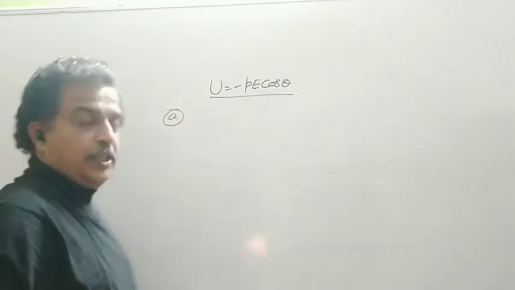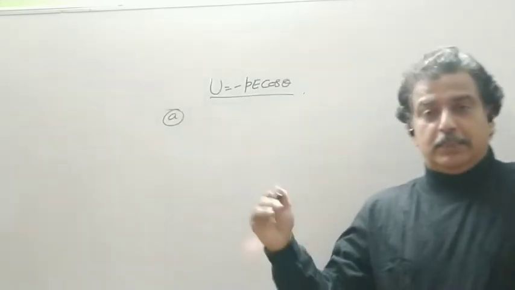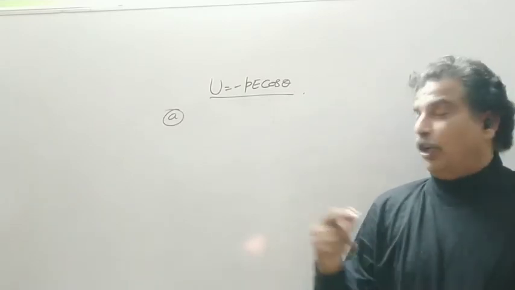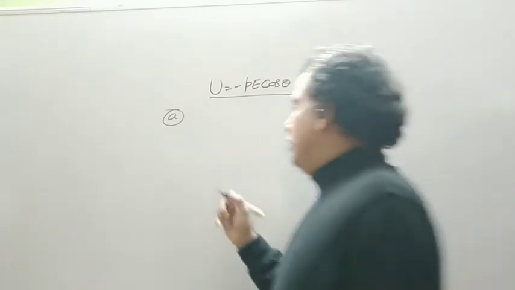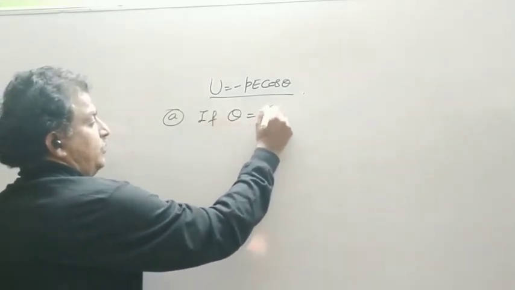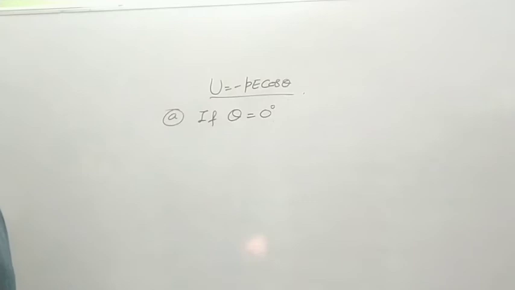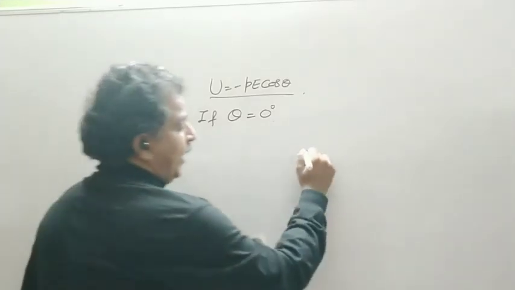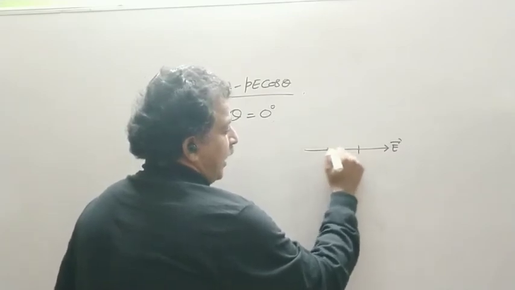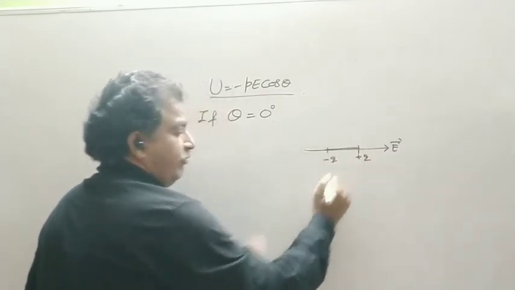We have also done the cases in chapter 1 where torque was found for different angles. Now suppose theta is 0 degree, it means the dipole is aligned in the direction of the electric field.